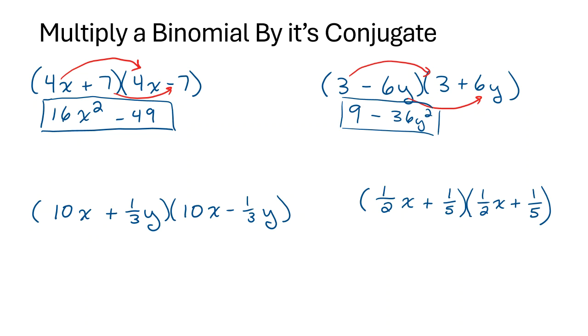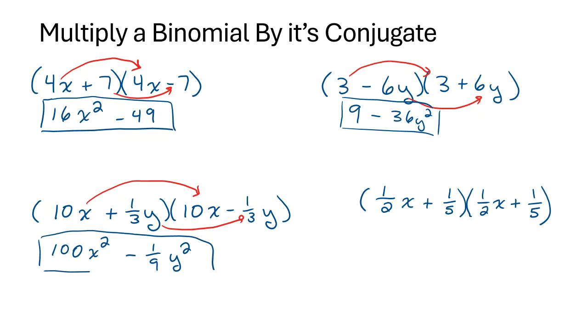All right, next one. Are these conjugates? 10x plus 1/3 y and 10x minus 1/3 y? Yep. Okay, so I'm going to do the first and the last. So I get 10x times 10x is 100x squared. 1/3 y times negative 1/3 y is negative 1/9 y squared.